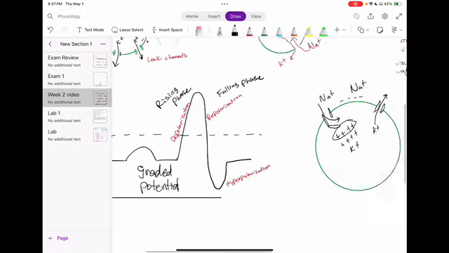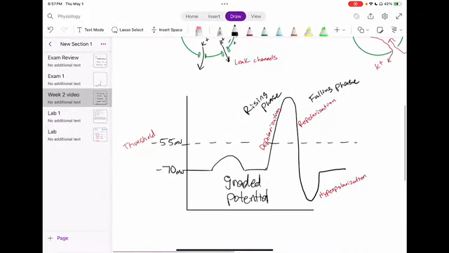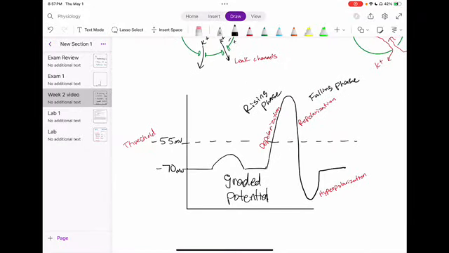So as we look at this, we have our values here. As we read this chart, as sodium comes into the cell and it keeps coming into the cell, our voltage goes up. We start getting closer to zero, and we will probably even pass zero.